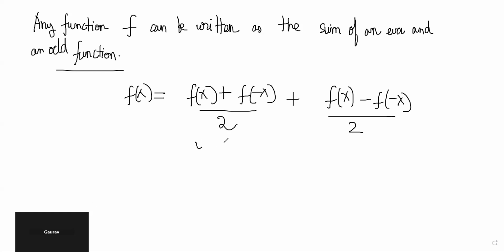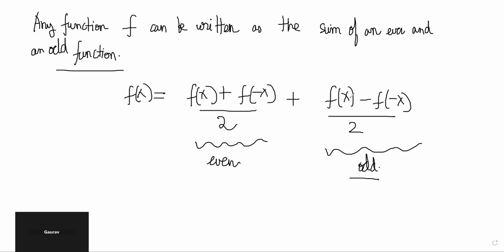Now, which one of these is even and which one is odd? Sir, f of x plus f of minus x by 2 will be even. Right. So this is the even part and this is the odd part. This is even because even if you replace x with minus x, it's the same thing.